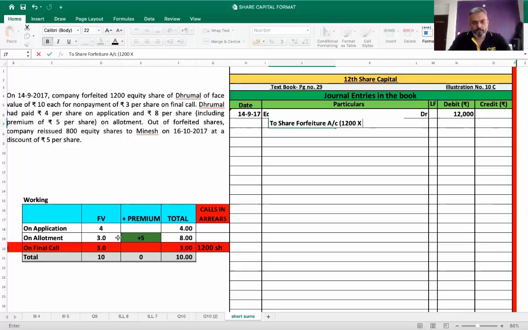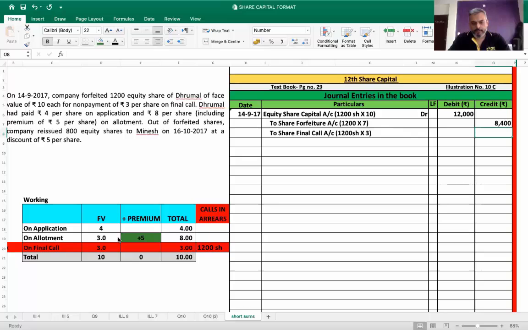So into 7, 8400, to share final call account. 1200 shares into rupees 3 per share, 3600. Close this entry.